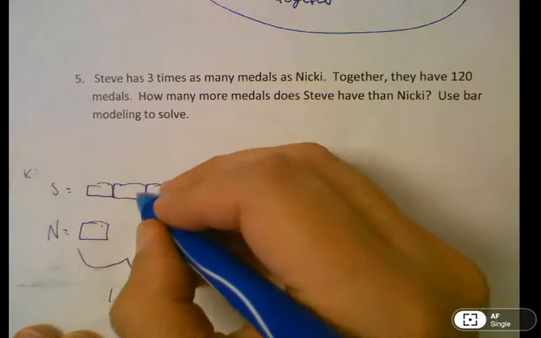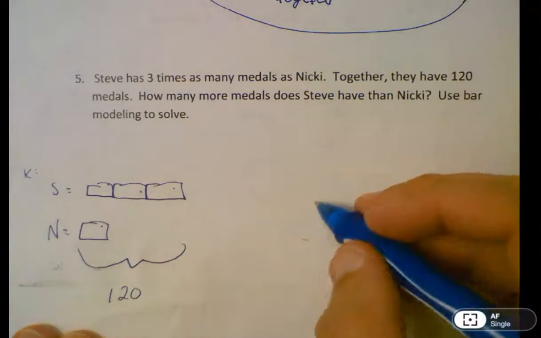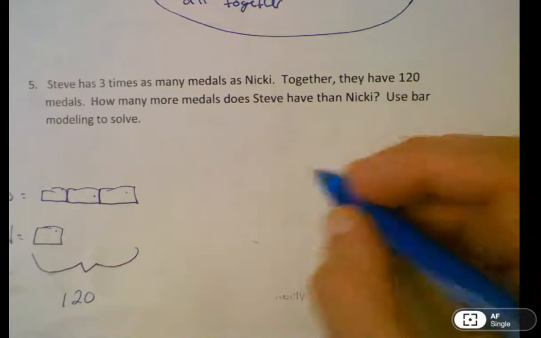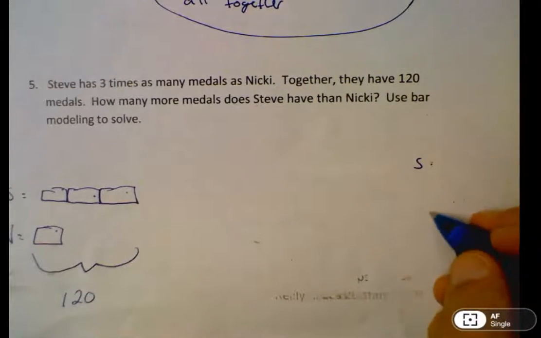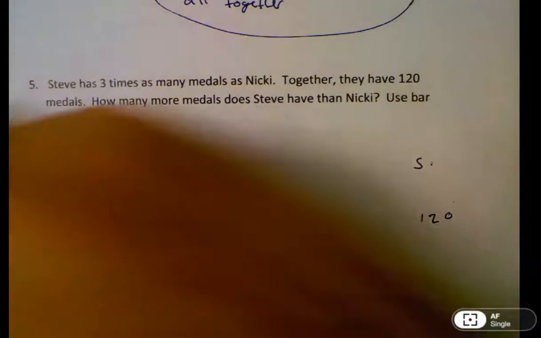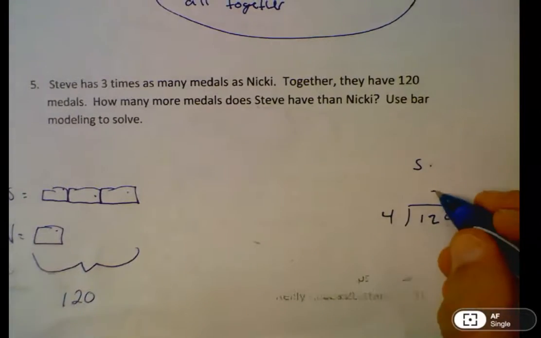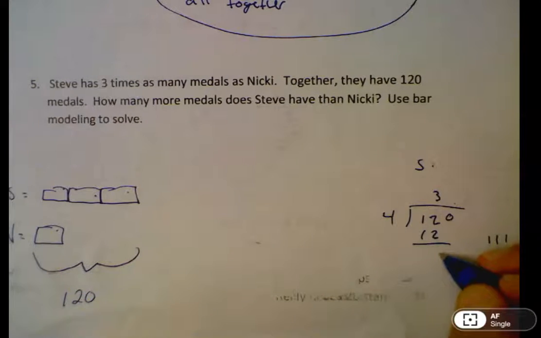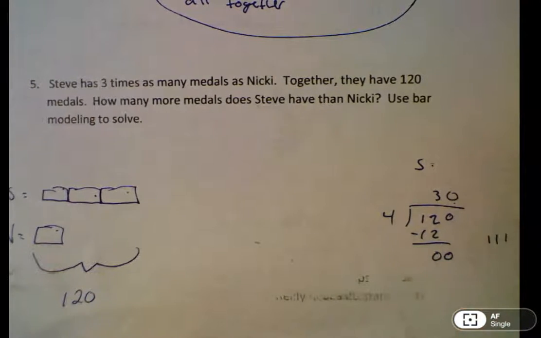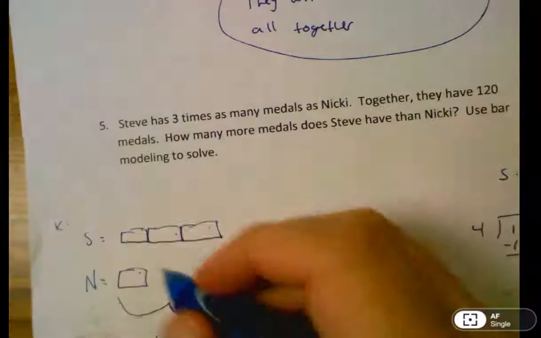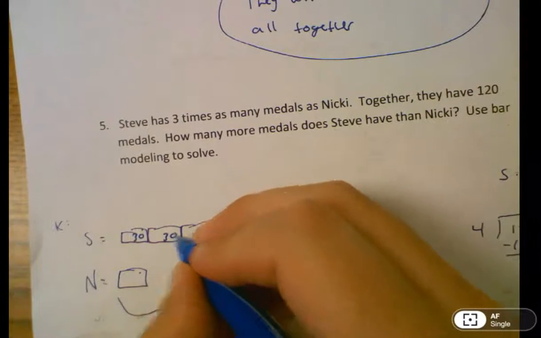You're dividing that into the 4. So, my number sentence is 120 divided by 4. Going into the 12 is 3. Subtract. Bring down. 4 can't go into 0. You still need to put a 0 there, which means each of these bars get filled with 30.